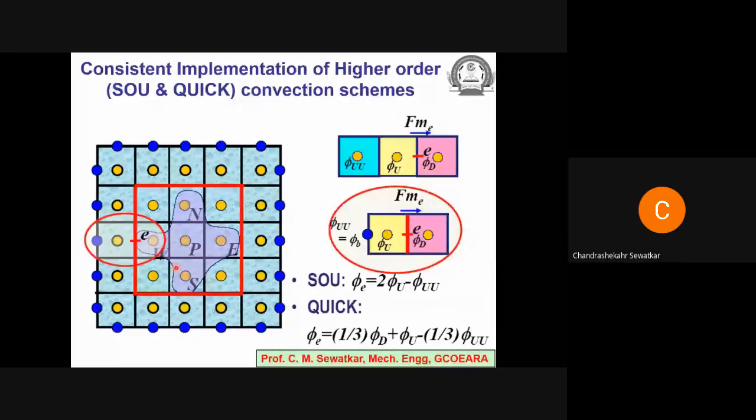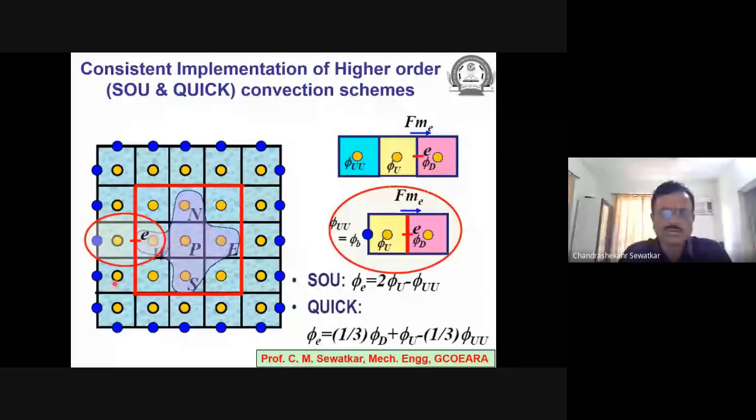So far, whatever expressions we have seen are applicable to pure interior cells, expressions of the convection schemes, expressions to determine the value of variable on the face. However, when there is a border control volume, the distances are different. So the boundary conditions change, and we need to modify the expressions for convection schemes.